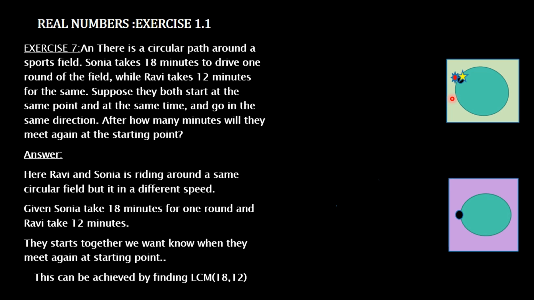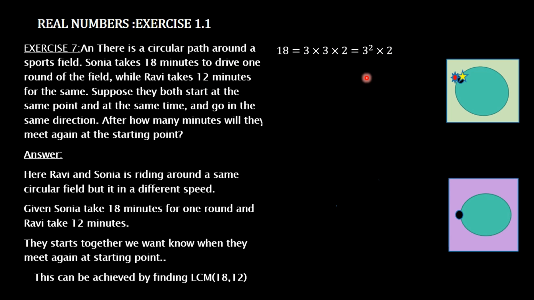The common multiple means that time is common to both. On that time they will meet each other. How to find this LCM? 18 equals, by the prime factorization method, 3 square into 2.